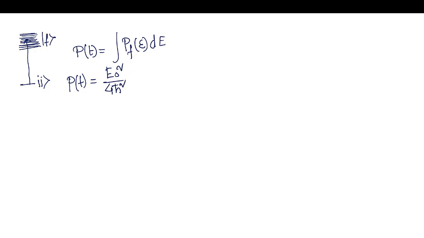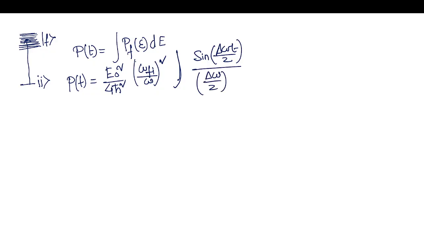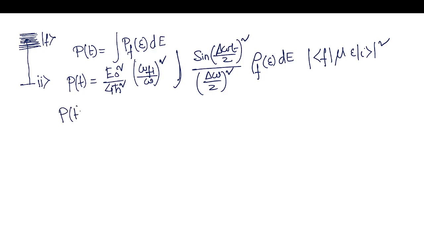So we can say that the total probability of transition is nothing but the summation over the states. So what we get as the final expression is something like this.